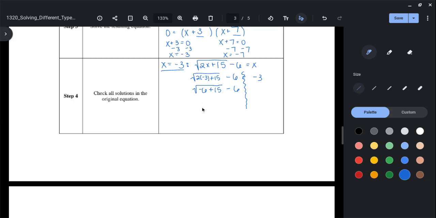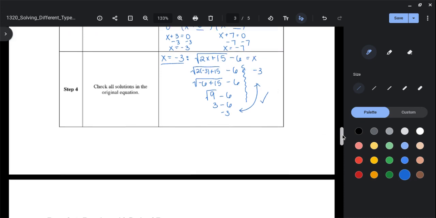Negative 6 plus 15 gives a positive 9. The square root of 9 is 3. 3 minus 6, we get negative 3, which is what we have on the right-hand side. So we get a true statement here. That means that x equals negative 3 is in fact a solution.